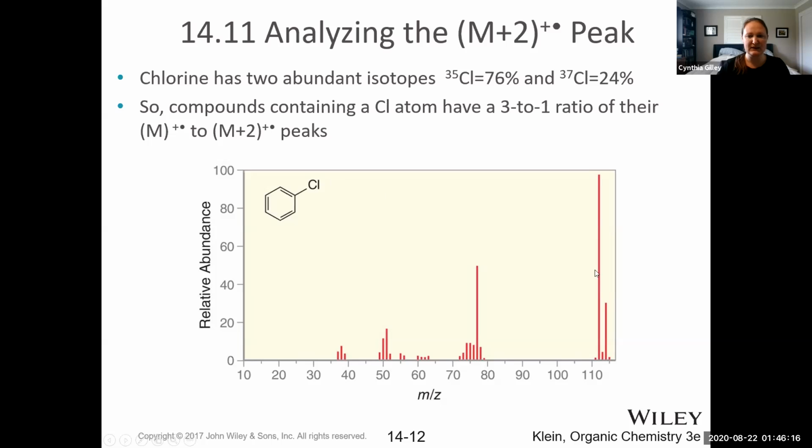So that's going to give you essentially 2 different molecular ions. One when we add 35 for the mass of chlorine, and one when we add 37 for the mass of chlorine. So that looks like a molecular ion plus a molecular ion plus 2 peak. So oftentimes you'll see this sort of dual molecular ion peaks in a 3-to-1 ratio when you have chlorine. So when you see something like that, it's pretty indicative that you might have a chlorine in the molecule.